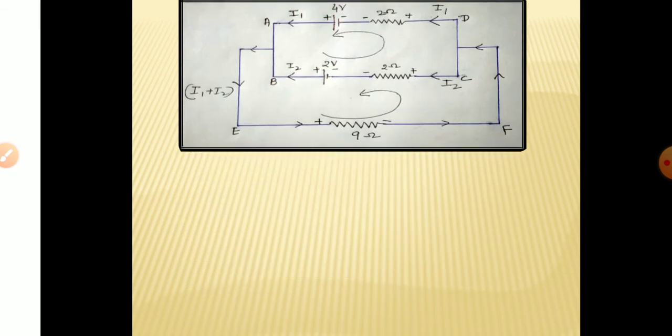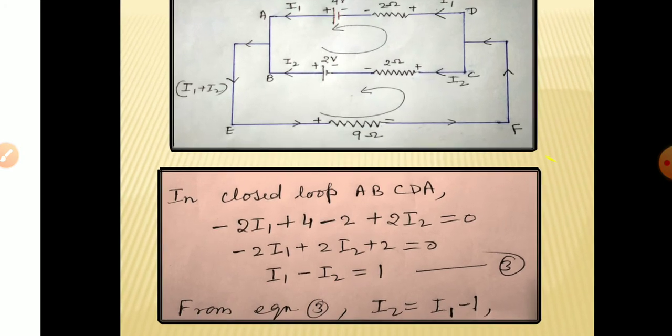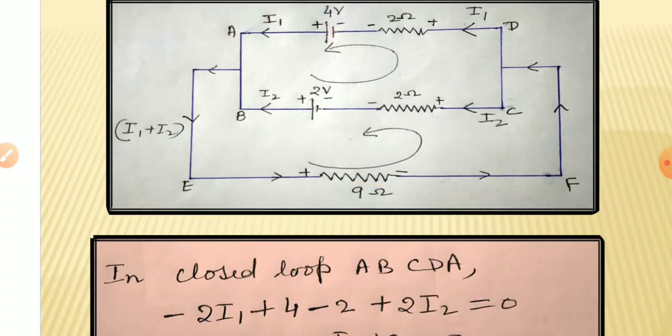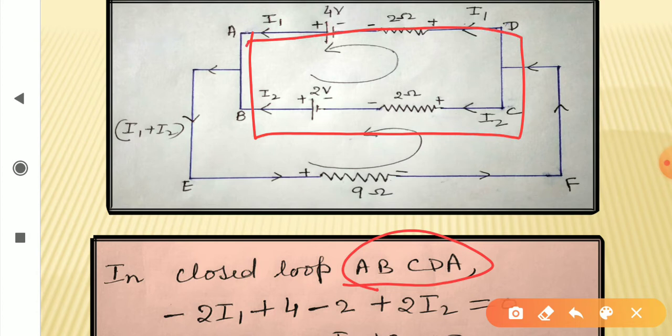Now for the third equation, let us choose this loop A, B, C, D, A. Now for this loop, when we start at, say, we can start at any point.